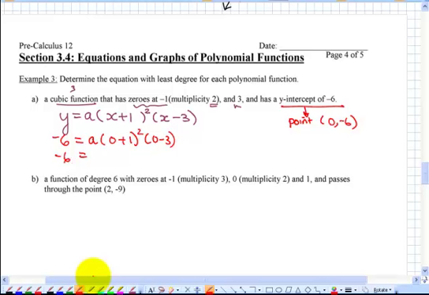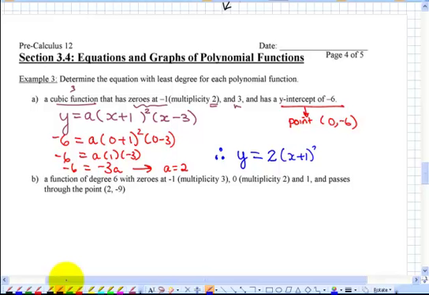And -6, that's just 1 times -3 times -3, a equals -6. I think from there a equals 2. So therefore, now the equation is, by the way, those 3 dots mean therefore, a, which is 2, times x plus 1 all squared, times x minus 3. Done.